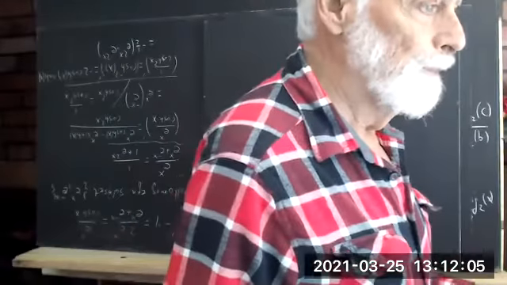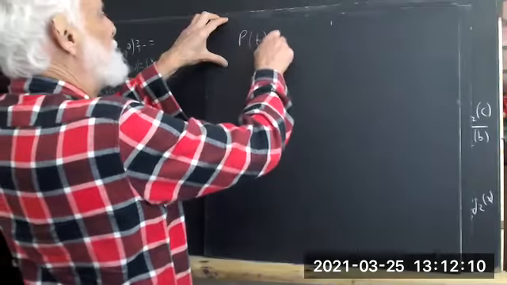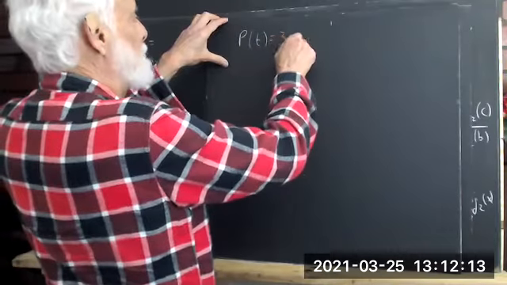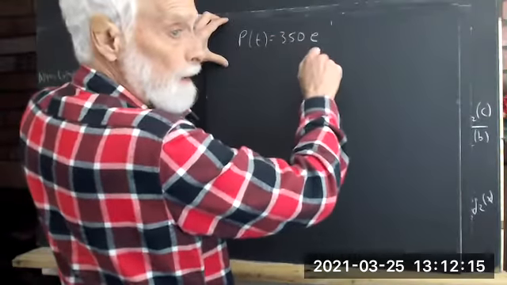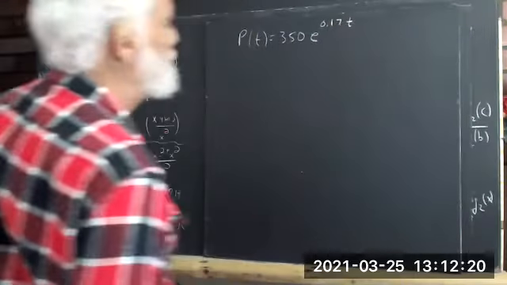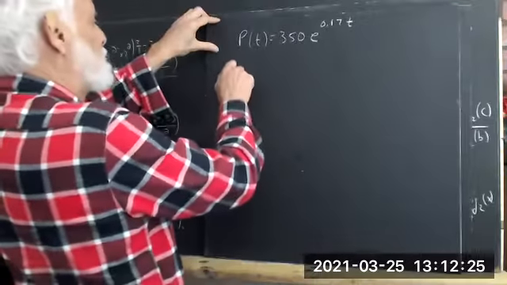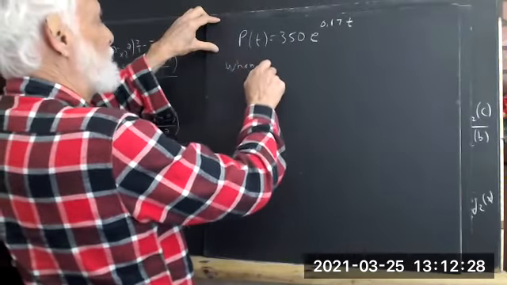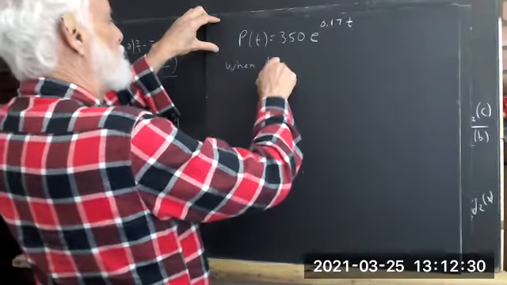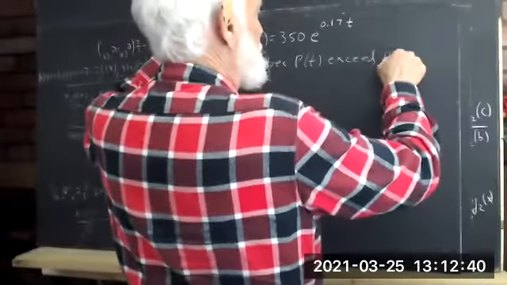This last problem, you have P of T equals 350 E to the 0.17 T. And your question was, when does P of T exceed 1170?